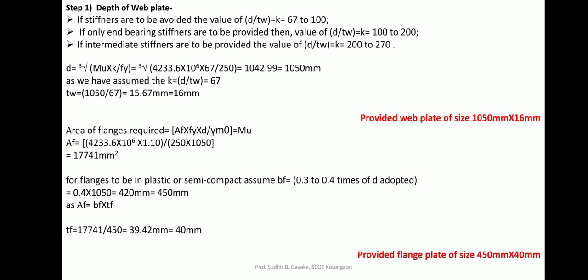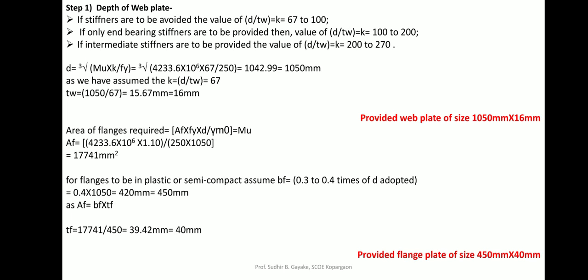Now initially the depth of web plate, that is the first step, but before that, three conditions or three d by tw ratios we have seen. If stiffeners are to be avoided, the value should be 67 to 100. If only end bearing stiffeners are to be provided, it should be 100 to 200, and if intermediate as well as end bearing are required, it should be 200 to 270.